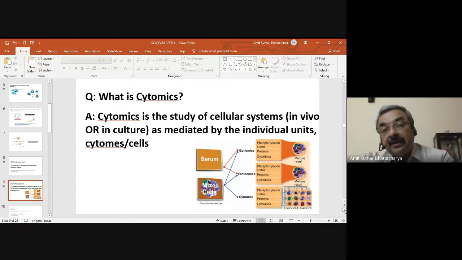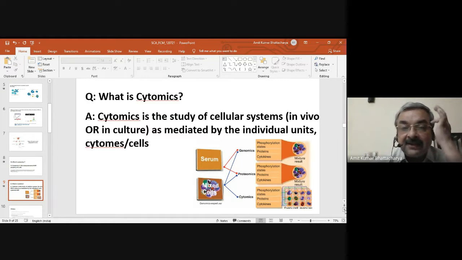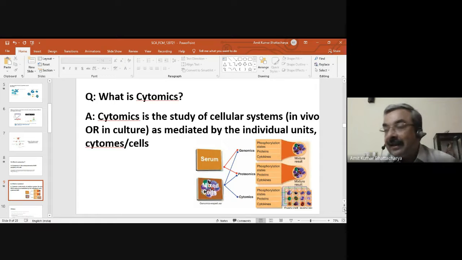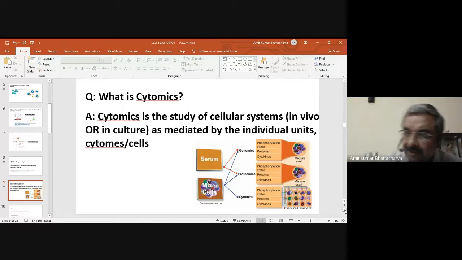Another thing is that it's called cytomics. It's an omic, and you would have heard of genomics and proteomics. What do we mean by the word genomics? By omics, we mean that we are looking at all the genes in the entire genome.